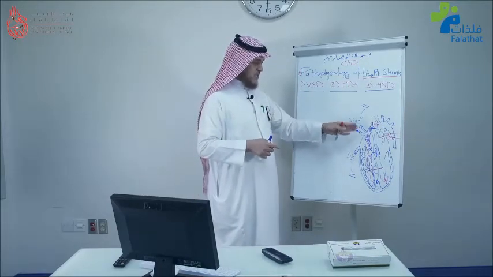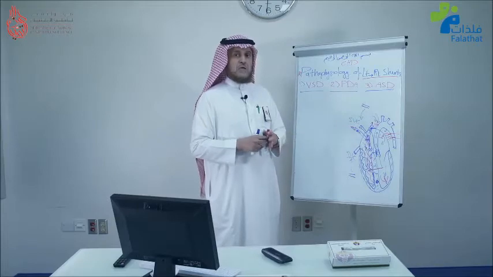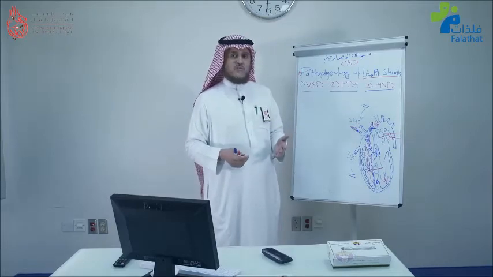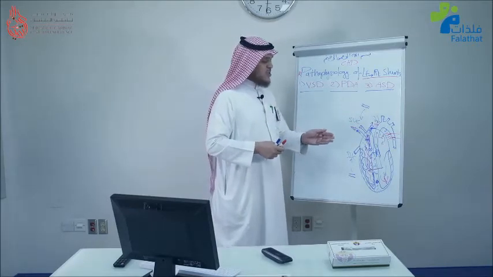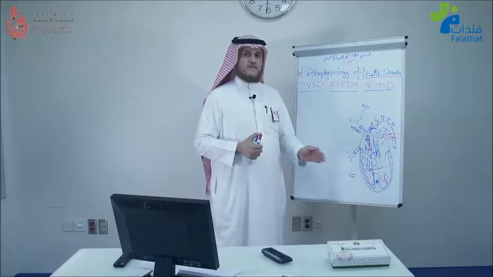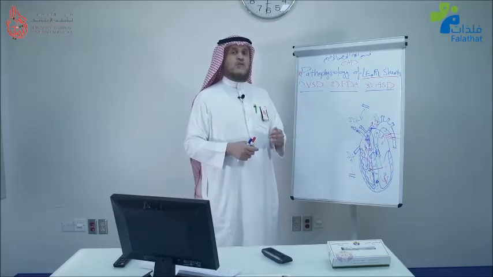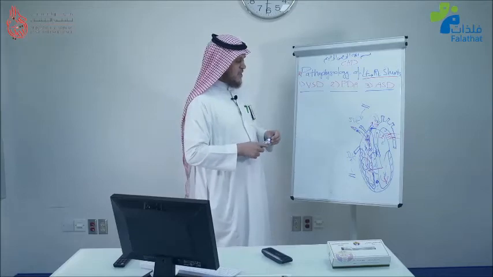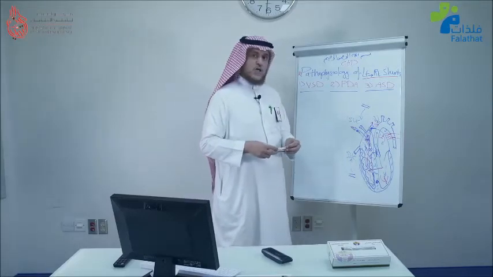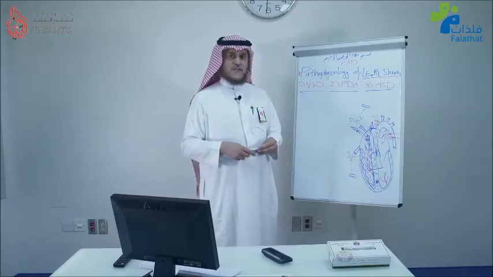Most of the time the ratio will be less than 2 to 1, maybe 1.8, maybe 1.5. And it will be extremely restrictive to pressure, so it will not cause pulmonary hypertension. This is the pathophysiology of a tiny or a small VSD.